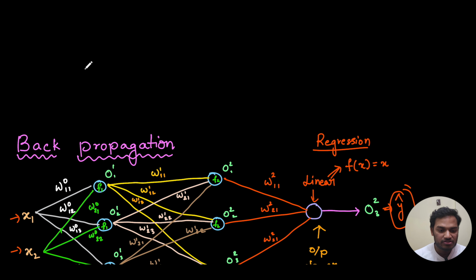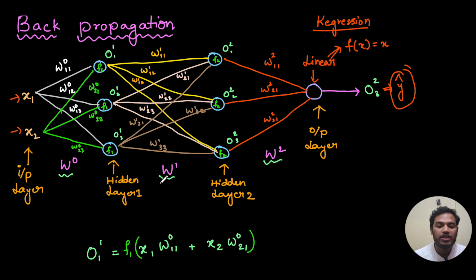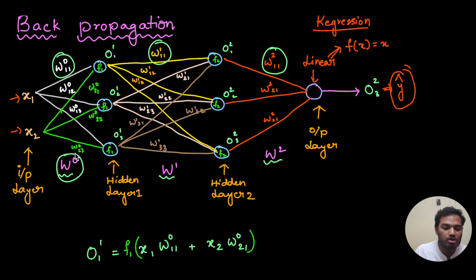For each weight matrix, I'll be explaining only one weight, how one weight is getting updated. In a similar fashion, all other weights will also get updated. If you understand one weight, then it is almost the same for other weights also. So I'll just explain for this weight in W2, this weight in case of W1, and this weight in case of W0.